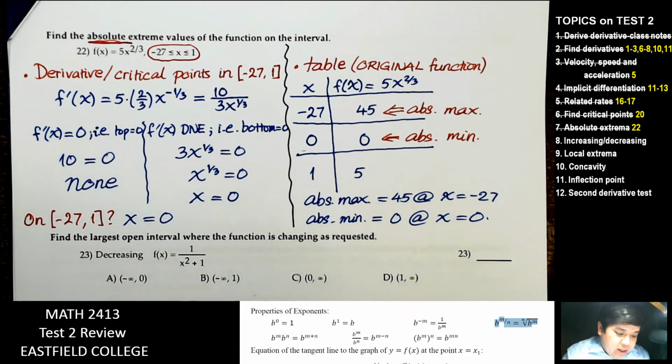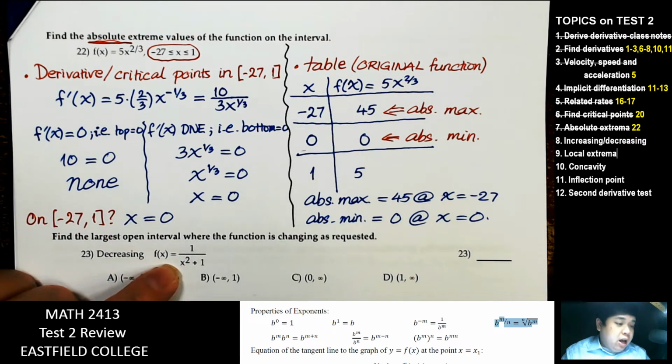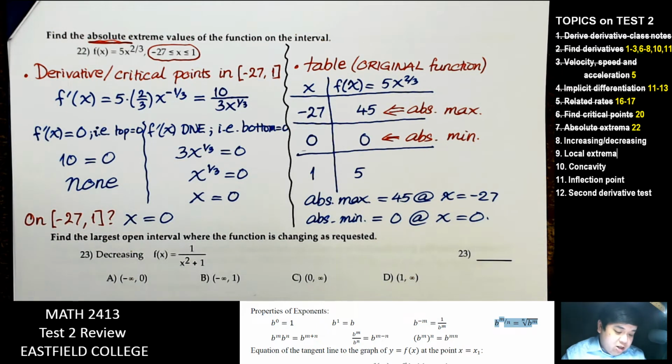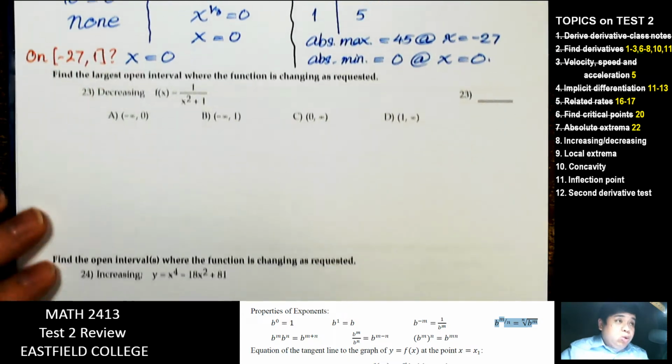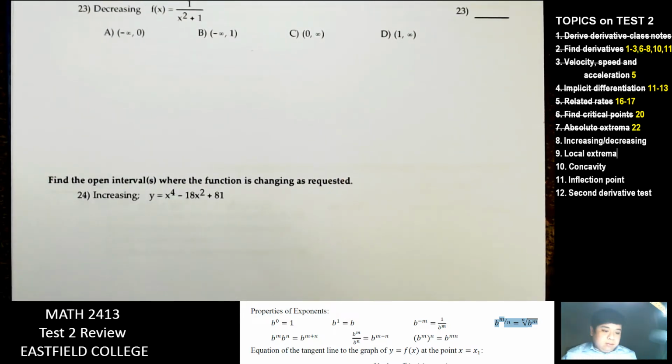Right. Increasing and decreasing. I think we did this problem in class. It's one of the class examples, so we do 24 instead. The function is increasing or decreasing according to the derivative.